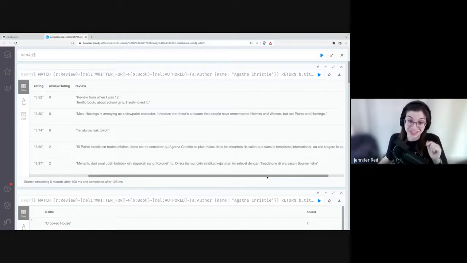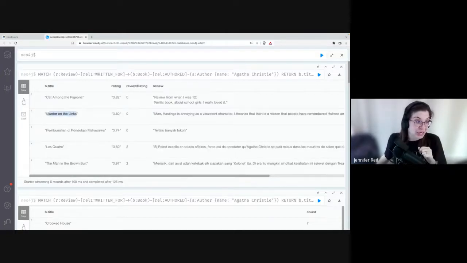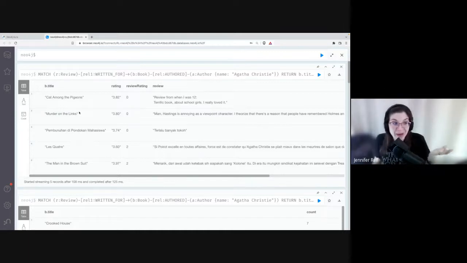So this person did not like this book at all, found one of the characters really annoying, and so they gave it a 0 review, which is pretty awful. But it could also be a case where they weren't forced to enter a one star. So that might be something to look at too. So maybe we might not want to read this book, or maybe we want to look at some of the other positive reviews and figure out, am I really interested in this or not? So we could look at that as well.